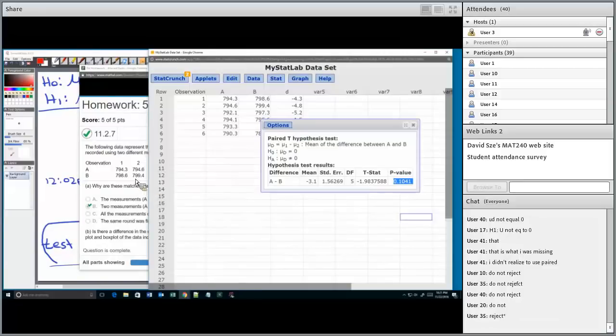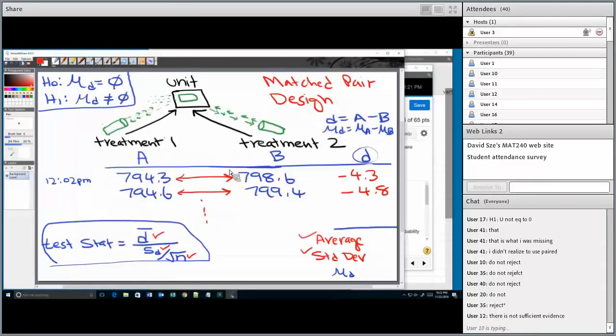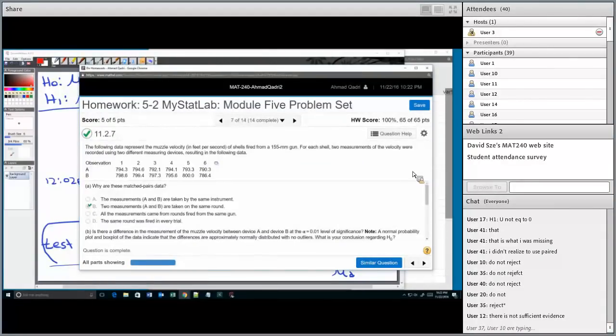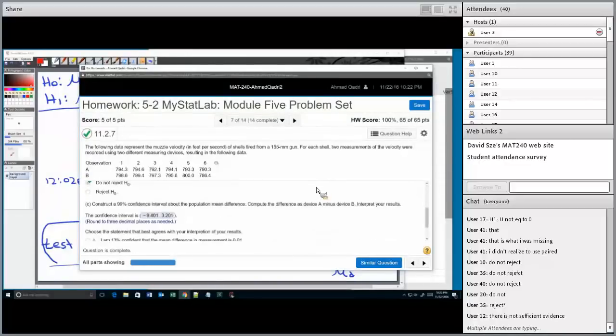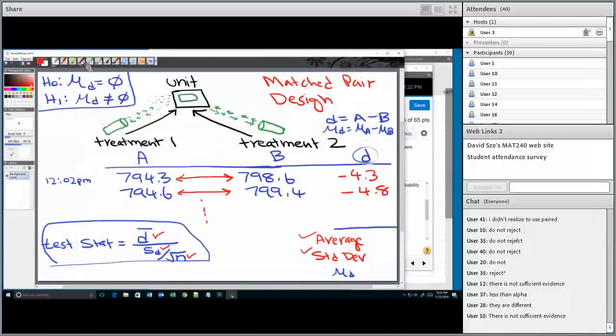If we do not reject the null hypothesis, what does that imply about these devices? D equals A minus B. If the null hypothesis is that the average difference is 0, what does that imply?